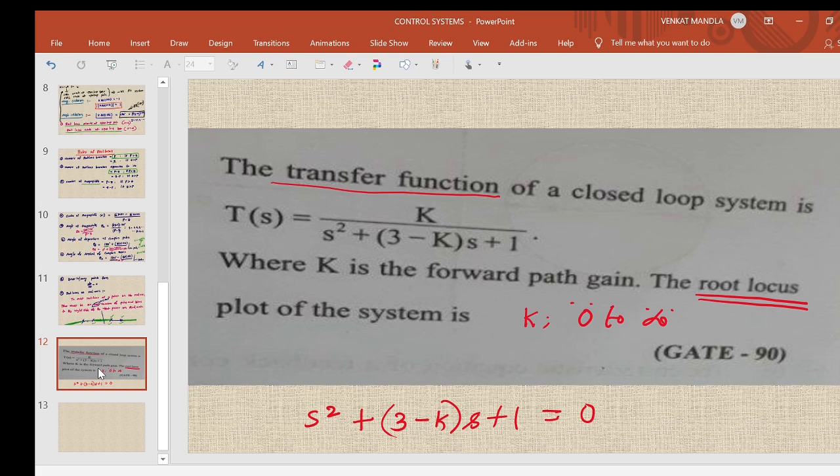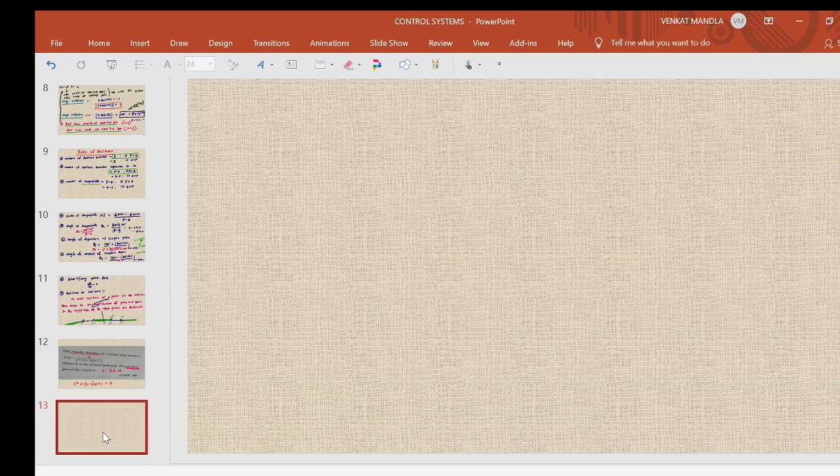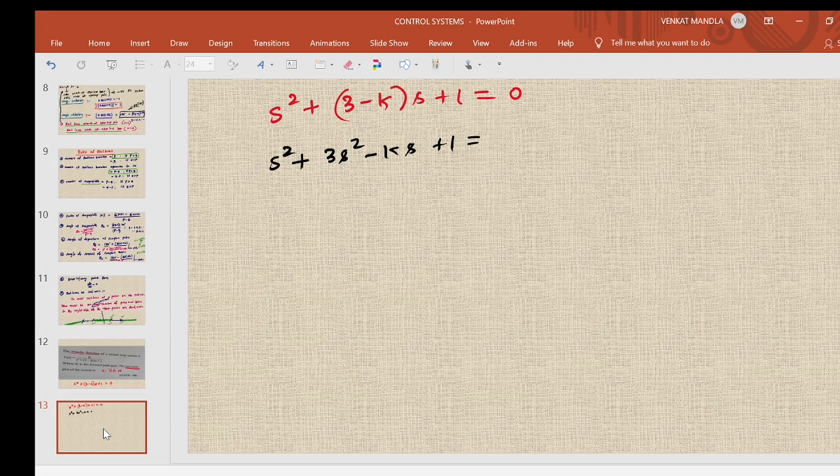This I will write as s square plus 3s minus ks plus 1 equal to 0.